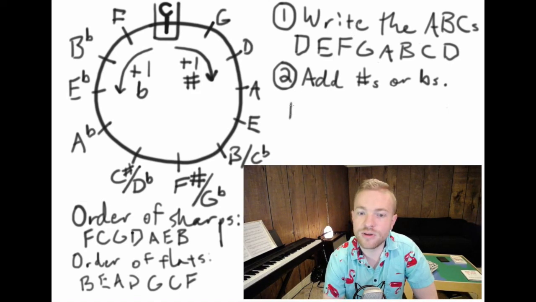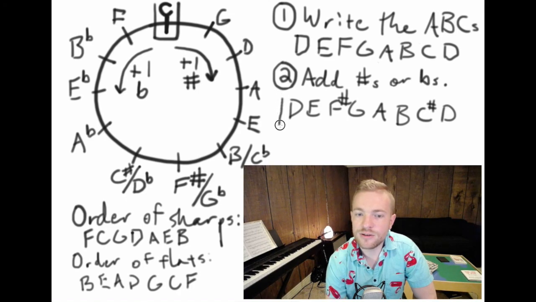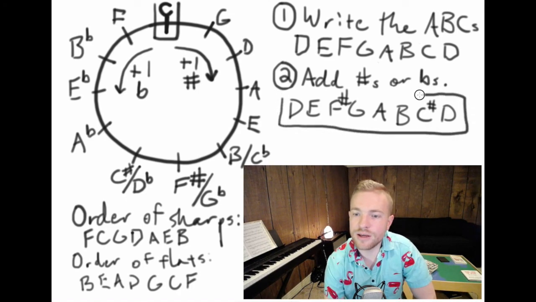So I'll rewrite my alphabet here: D, E, F, G, A, B, C, D. We're gonna sharp the F and we're gonna sharp the C. And that's it. That's your scale right there. So that's your D major scale.